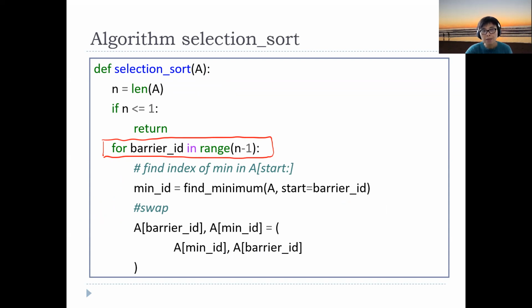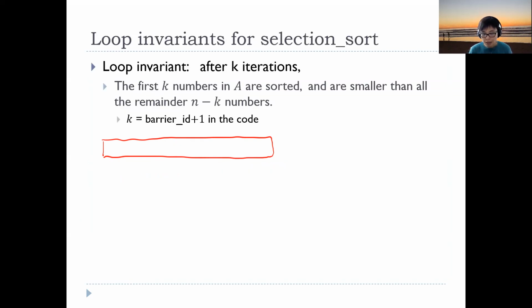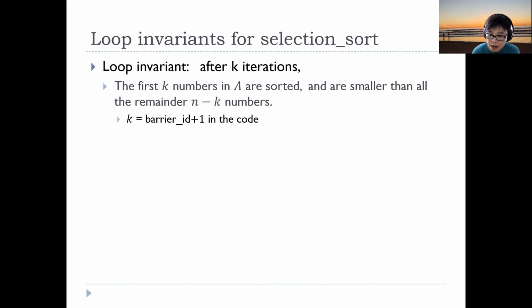So after a bit of thinking, you realize that here is what we can guarantee, what the algorithm is trying to do. This is the loop invariant that we're going to claim for the selection sort. So what is the loop invariant? We said that after k iterations, the first k numbers in your array A are already sorted.